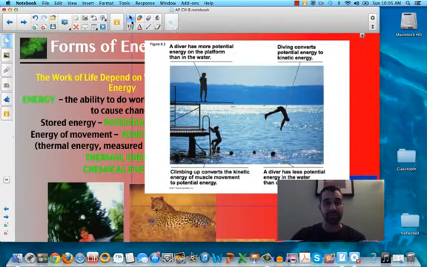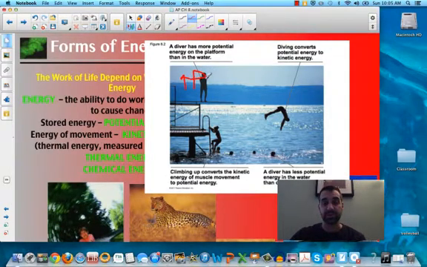My apologies, I keep going back and forth between all this stuff. So high PE. And I'm terrible at doing it because I'm at home, so it's not my smart board. High potential energy on the diving board. He has the potential to do work because he has the potential to go down. Simple and straightforward. Okay, so he has high potential energy there.